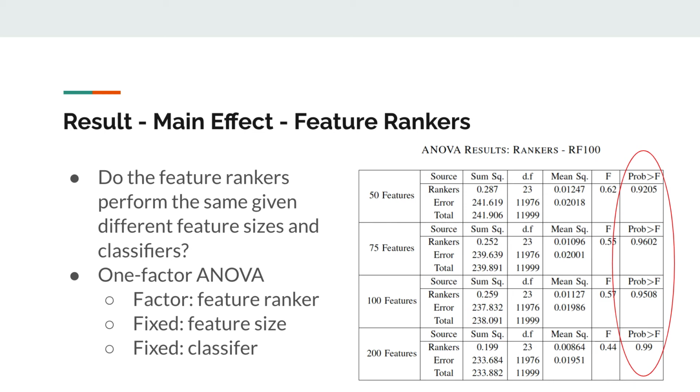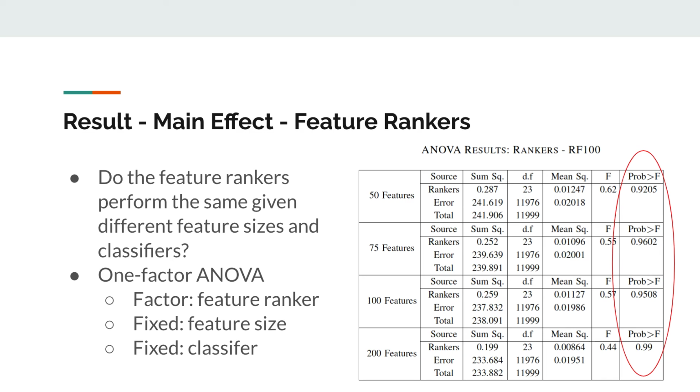We can see that the probability, circled here, of all feature rankers having the same performance is much higher than the conventional threshold of 0.05. Therefore, the paper concludes that the performance of different feature rankers are not significantly different. In other words, the seemingly top performance from SVM ATT is actually not significantly different from any of the other feature rankers.